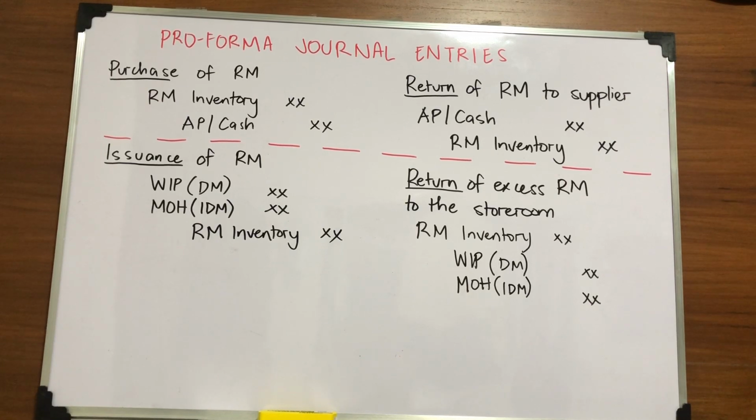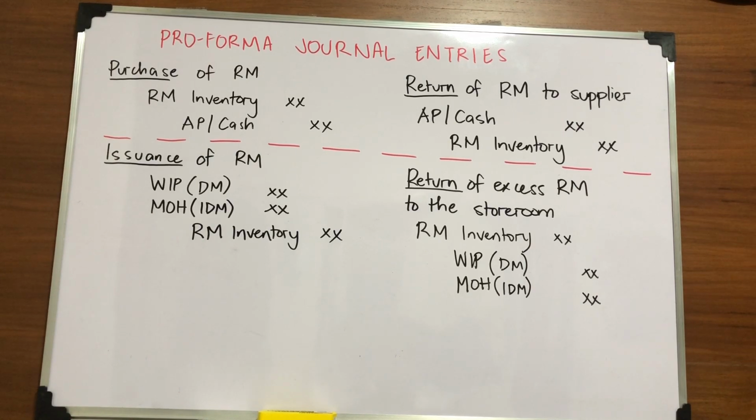This account is debited for the invoice cost or the purchase price of the inventory itself and the freight cost, so the transportation costs, which is chargeable to the purchaser, which is us. The purchaser is us. It is credited for purchase discounts and purchase returns and allowances. So these are your deductions to your cost.